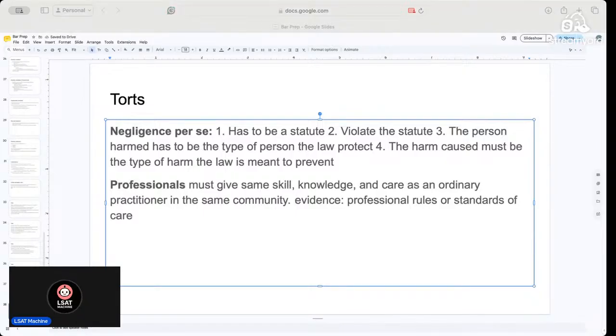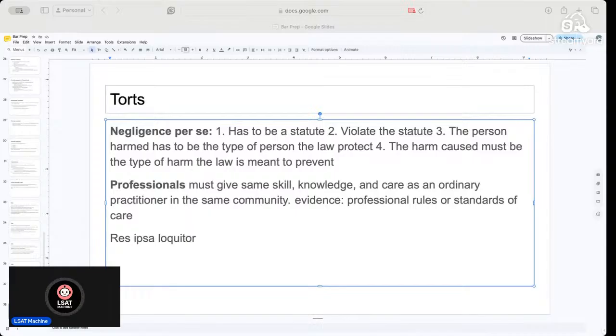Next is, oh, this one will be fun to explain. Res ipsa loquitur. This is one of the fun ones. It's fun to say. So res ipsa loquitur.